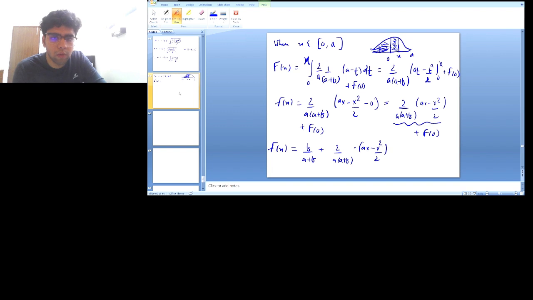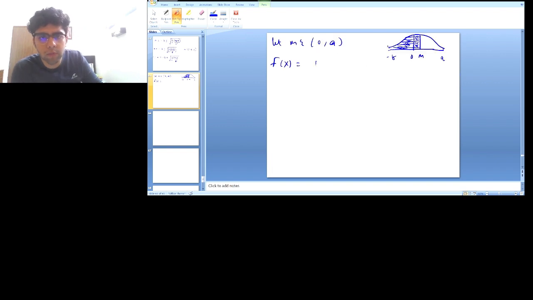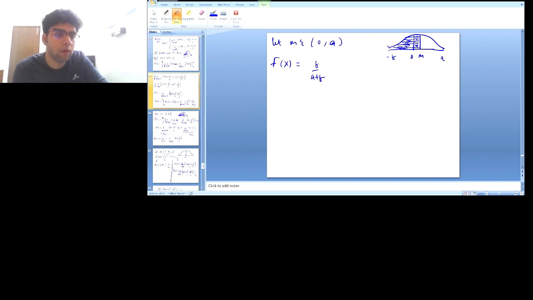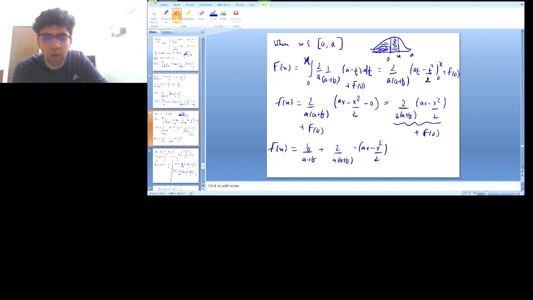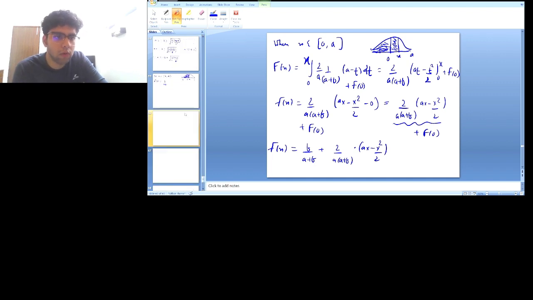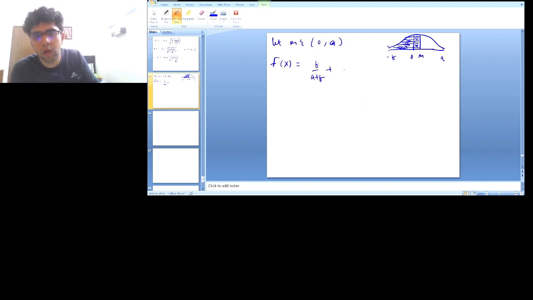So this is equal to b upon a plus b into b upon a plus b plus 2 upon a plus b, ax minus x square by 2, plus ax minus x square by 2 into 2a upon a plus b, right? So this is my CDF. So F of m should be equal to half, and putting in m in place of x gives me b plus a.